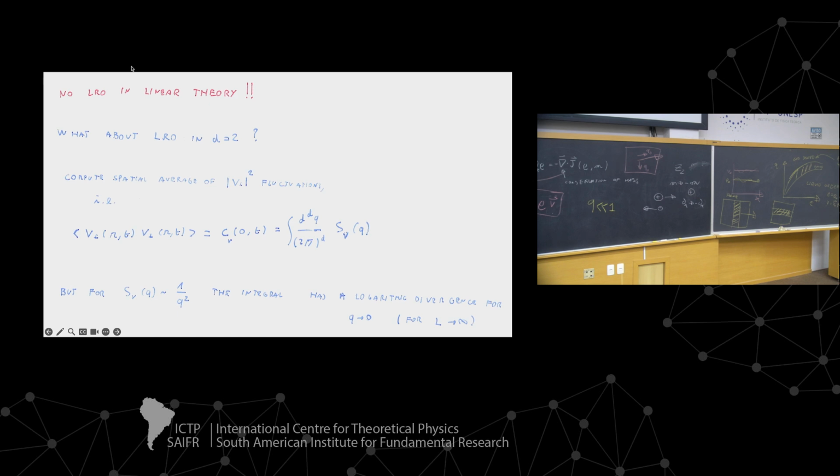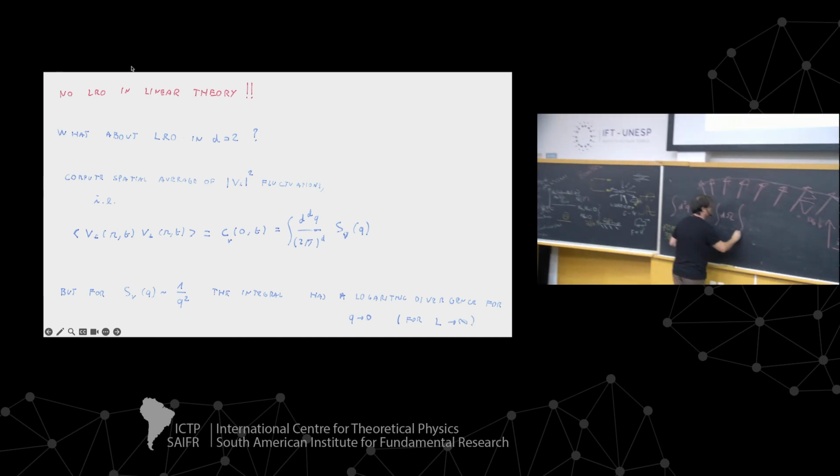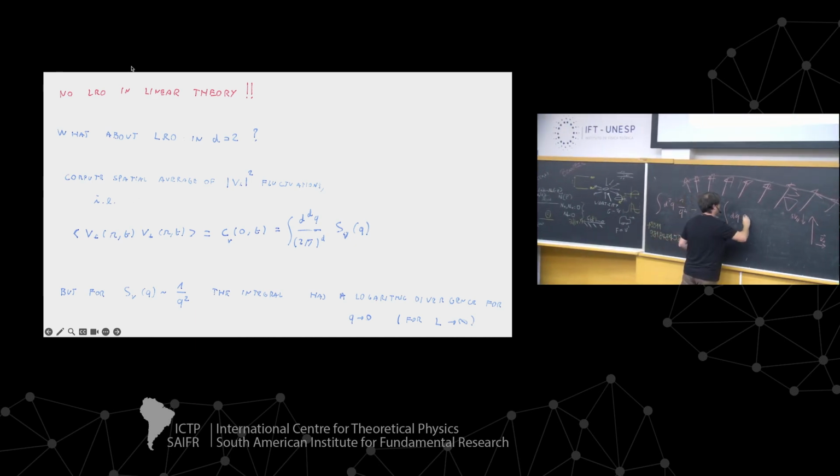Well, you go in polar coordinates, so let's do it in d dimension, q to the d minus 1 divided by q squared, so it's q to the d minus 3.